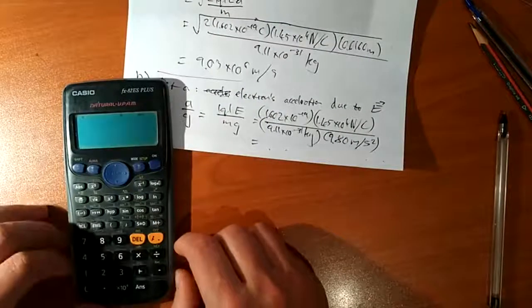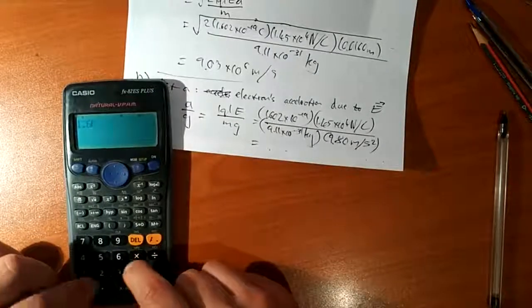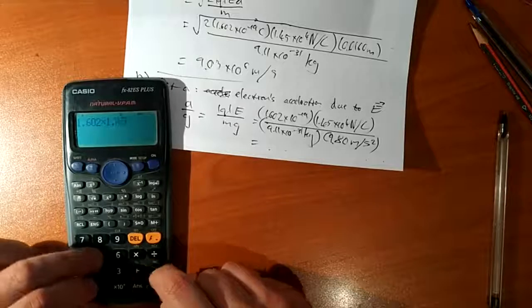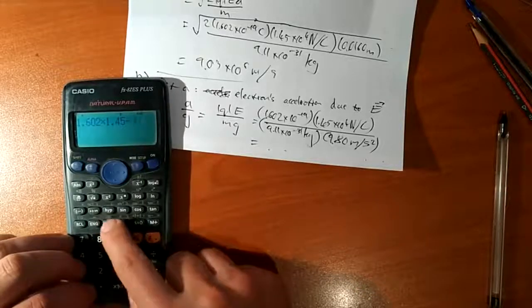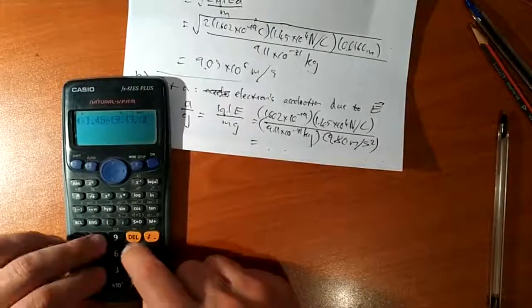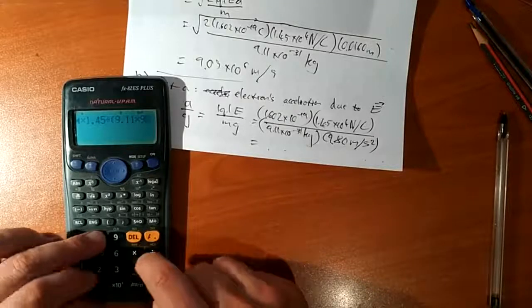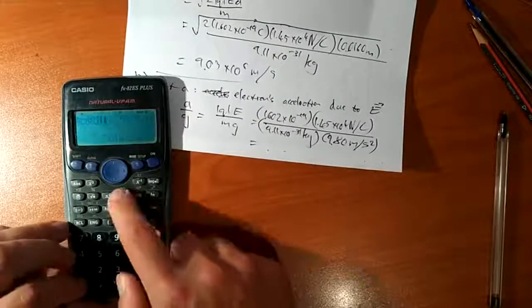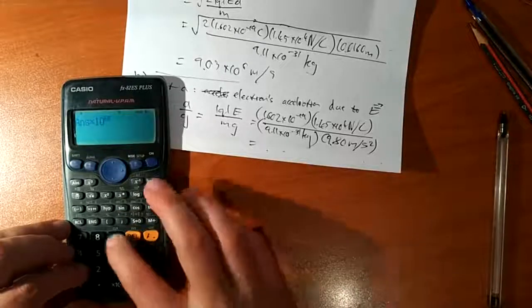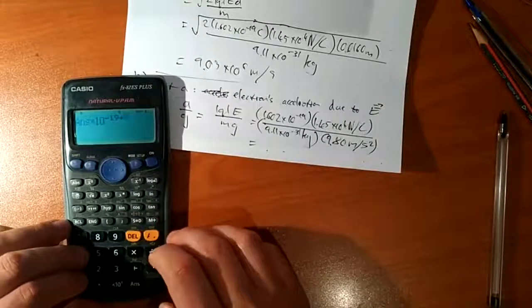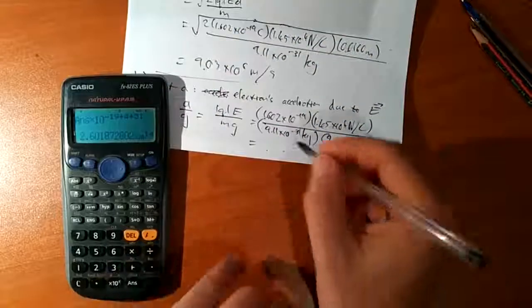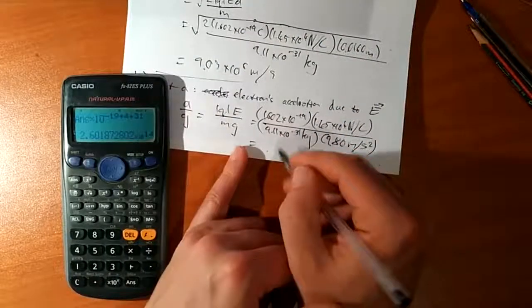So that is 1.602 times 1.45 divided by 9.11 times 9.8, and times 10 to the power minus 19 plus 4 plus 31 again.